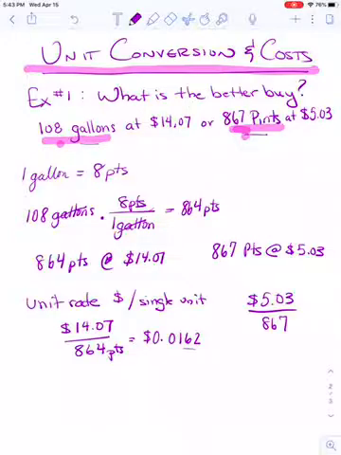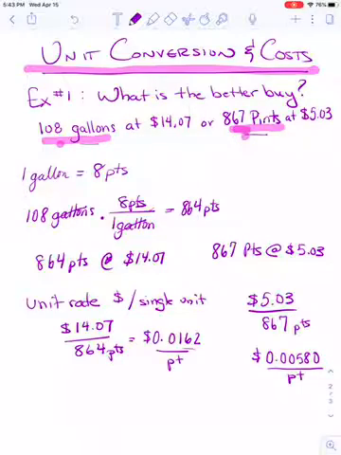So now I'm going to figure out the unit rate for $5.03 for 867 pints. I'm going to take 503 and divide it by 867. This should give me the price per pint. This one ends up being this per 1 pint.